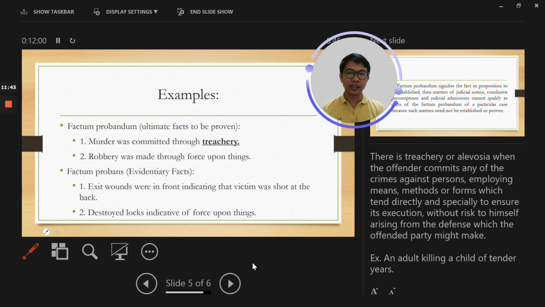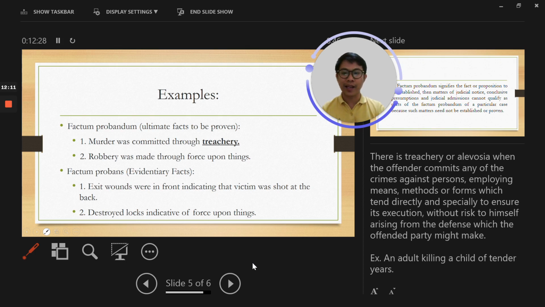The destroyed locks are indicative of force upon things, or the broken door was damaged. So those are the factum probans establishing the factum probandum that the robbery was made through force upon things.